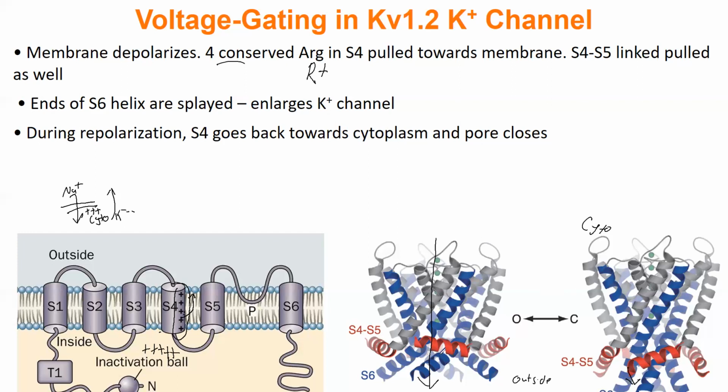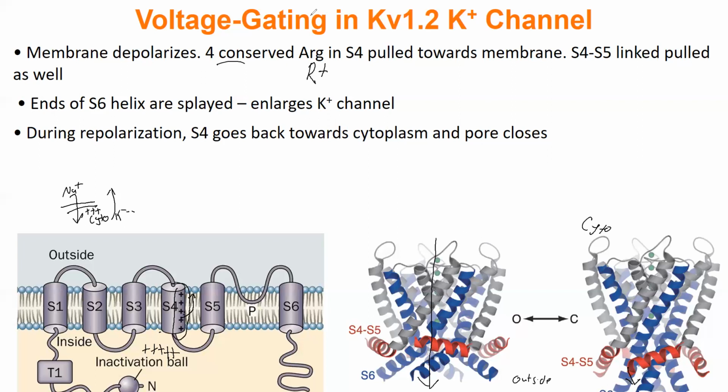When this happens, this causes the whole channel to change conformation, opening up the helix and allowing potassium to flow out and neutralizing the charge from the sodium flowing in. So that's how this channel can actually sense and open based on charge.